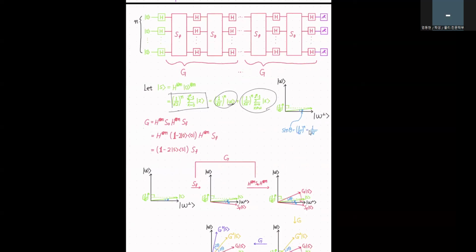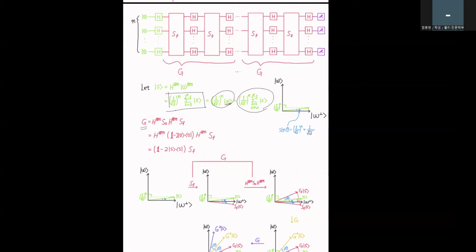What this operation basically does is rotate the final state over here towards the solution state. If we represent this state as omega perp and this state as omega, with each application of G it's rotating by some angle theta, which is defined over here.